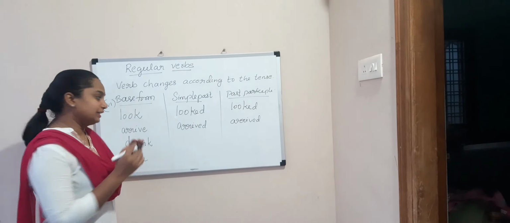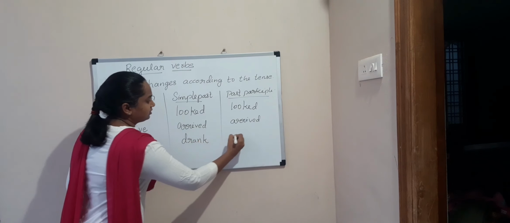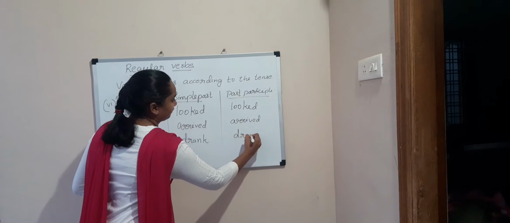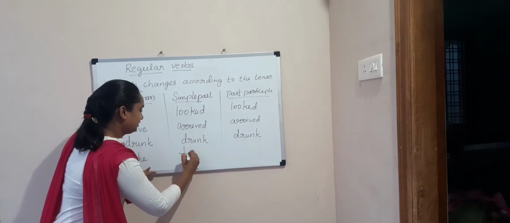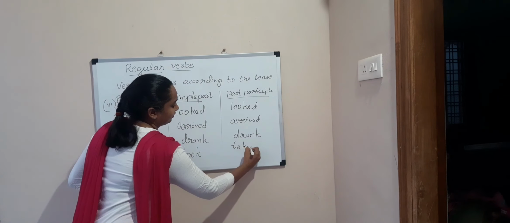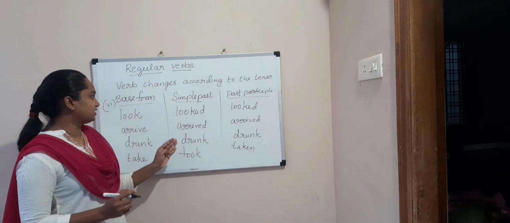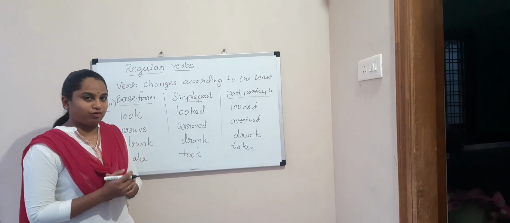Drink, drank, drunk. Take, took, taken. This is how the verb changes in simple past and past participle from base form.